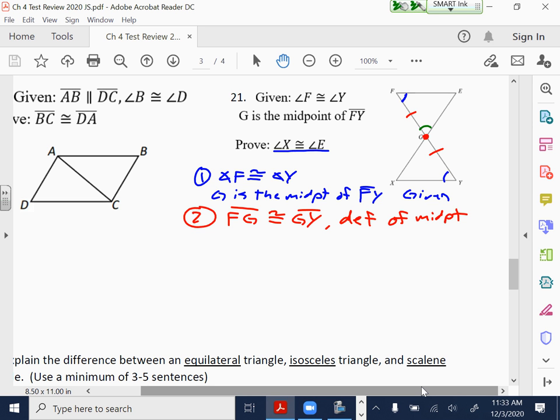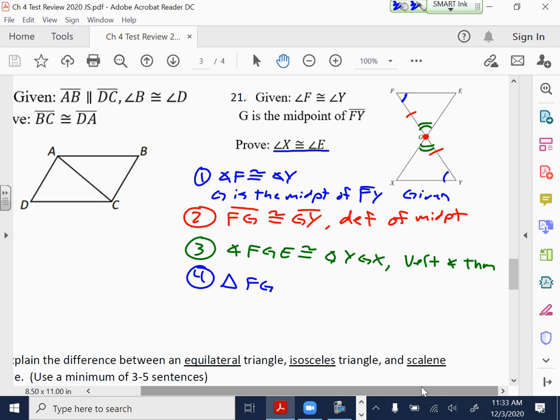Then I know that this angle and this angle are congruent to each other because they're vertical angles. So we have angle FGE is congruent to angle YGX, because of the vertical angle theorem. So that means my next step, I know that triangle FGE is congruent to triangle YGX, and I know that because of angle side angle.